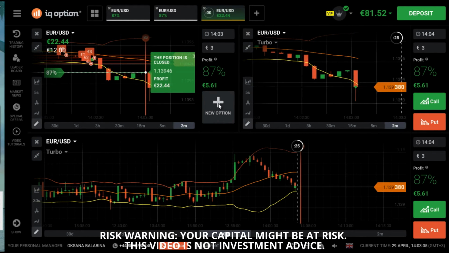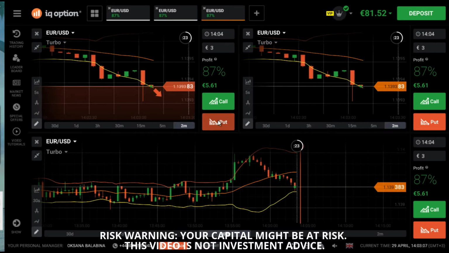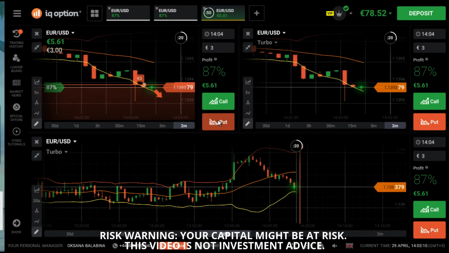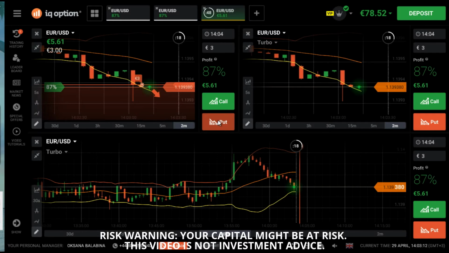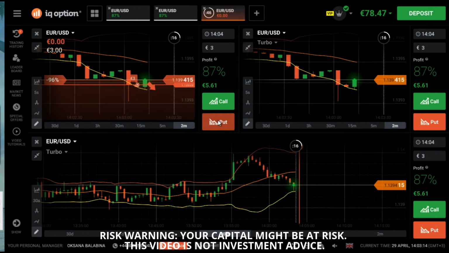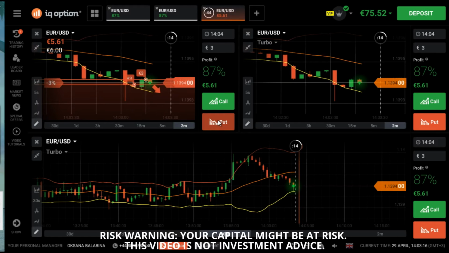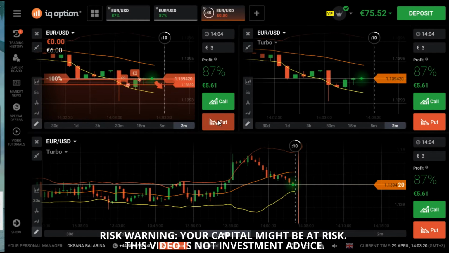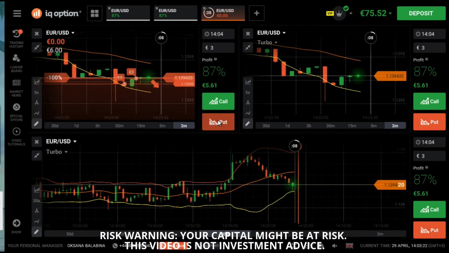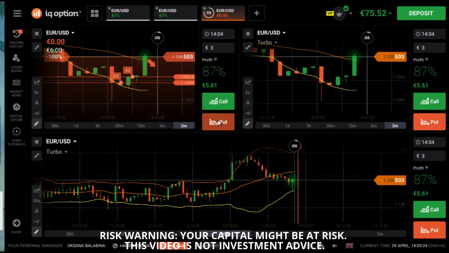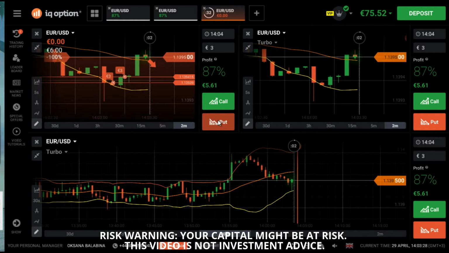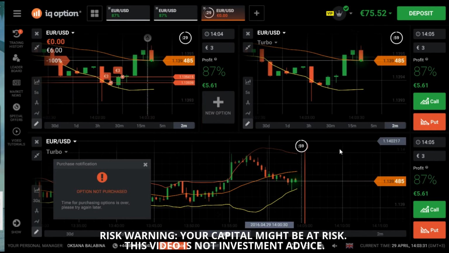But now on the 30-second chart, candle has already reached the bottom Bollinger Band, and this is still a tricky position. It may go for the reversal or it may go for the original. It's still undecided.